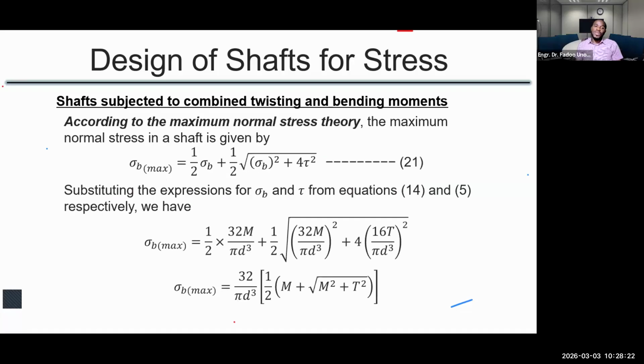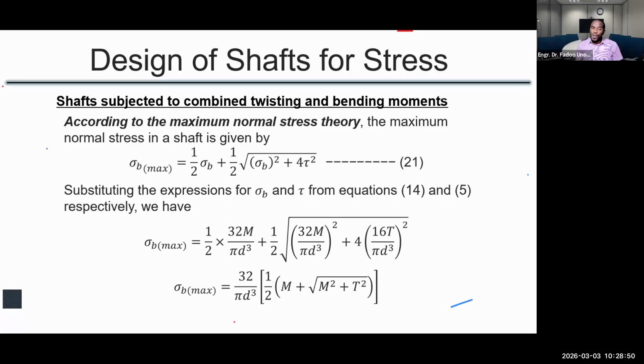Now, if we are dealing with the maximum normal stress theory, or Rankine's theory, then we say that the maximum normal stress developed in the shaft can be expressed like this: half this value, plus half the square root of, if you can recognize, what we used for the maximum shear stress theory. This second expression.